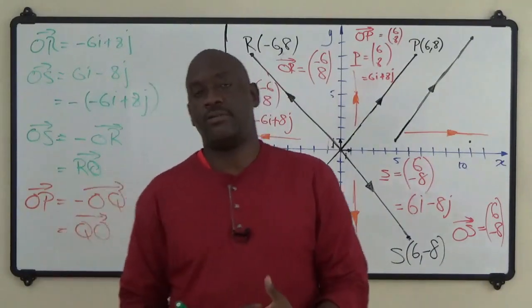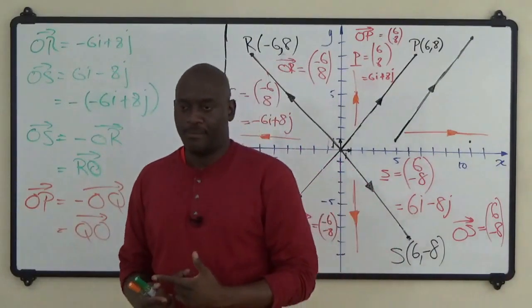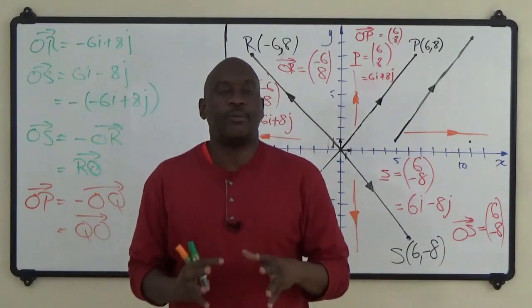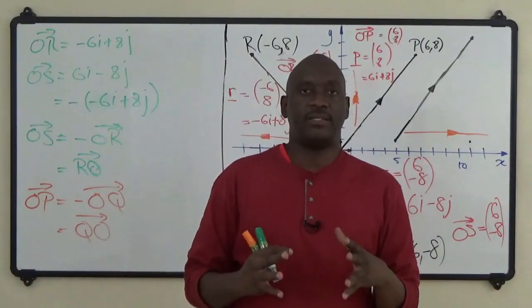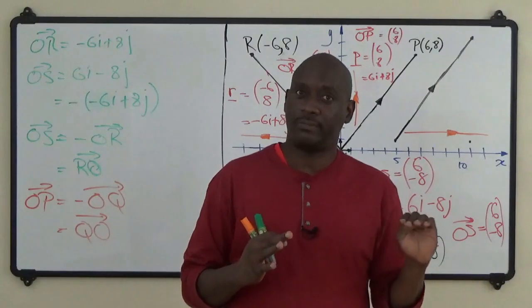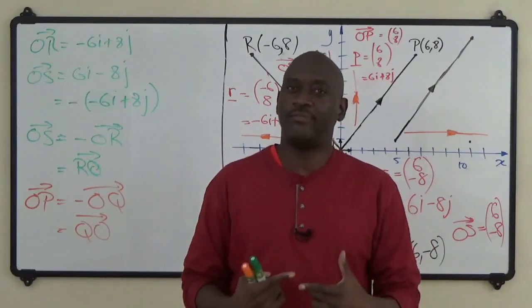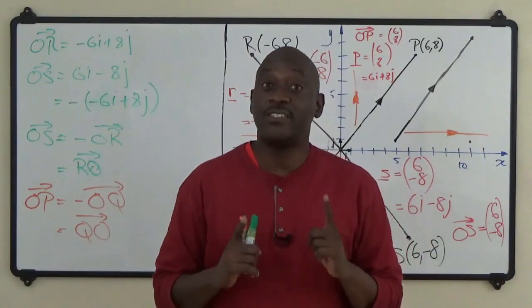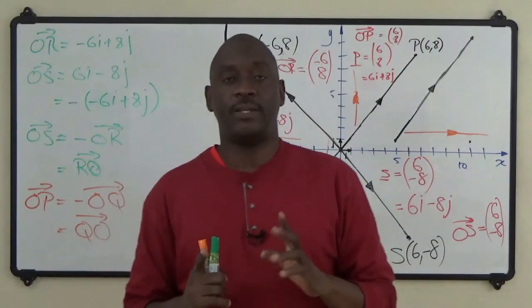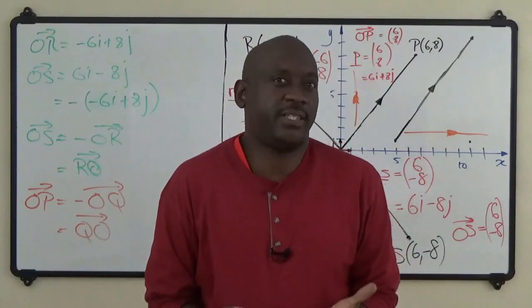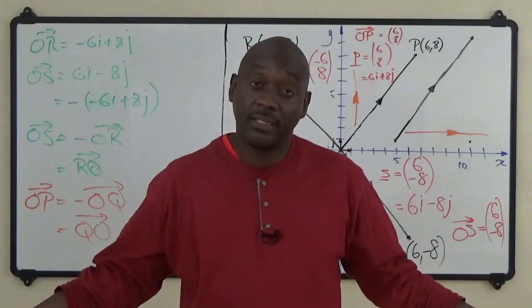Let me say that another way. If the vertical component of a vector is 0, then it means that the vector is horizontal. And on the flip side, if the horizontal component of the vector is 0, it means that the vector is a vertical vector. That's it.